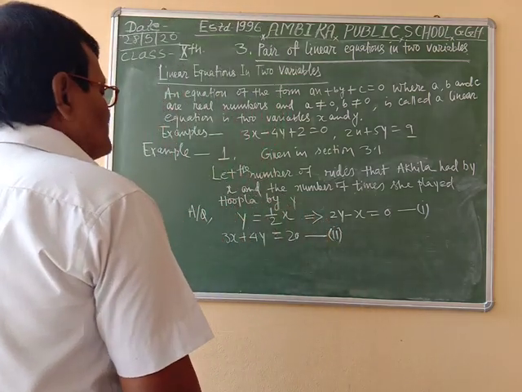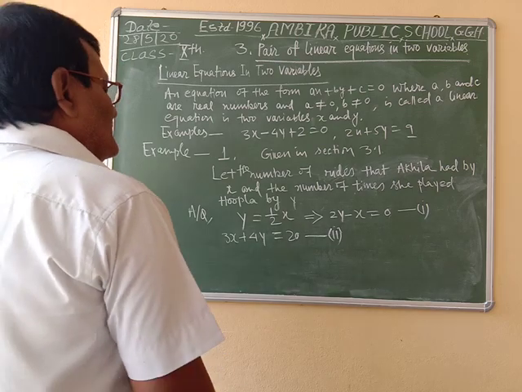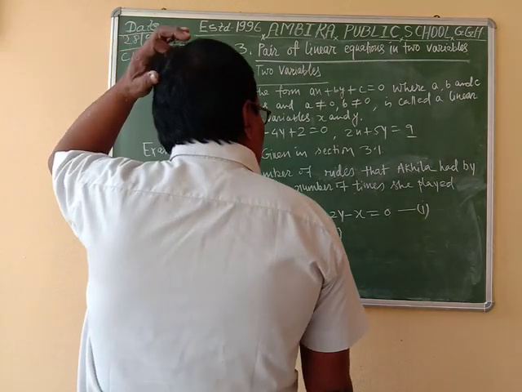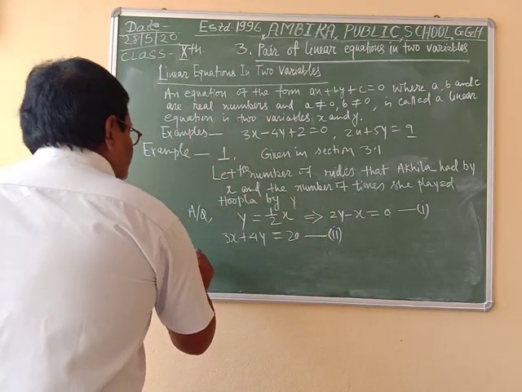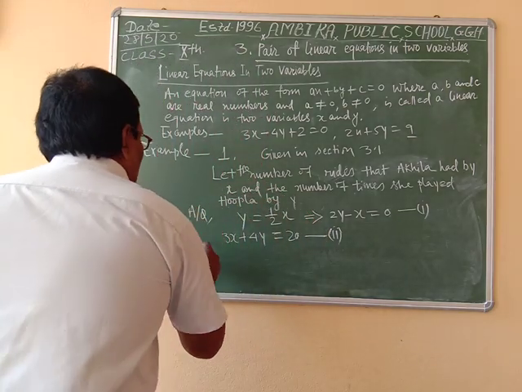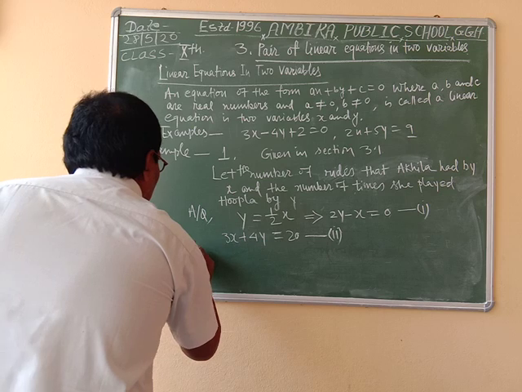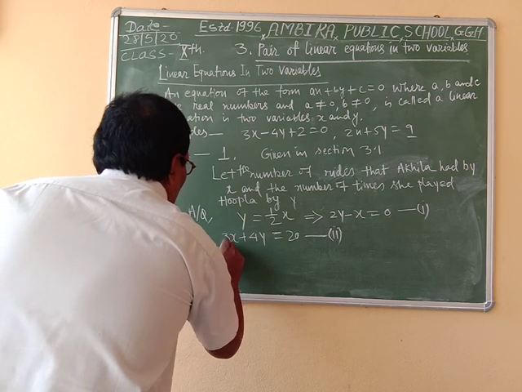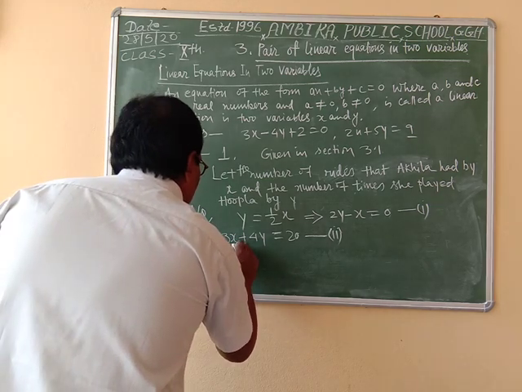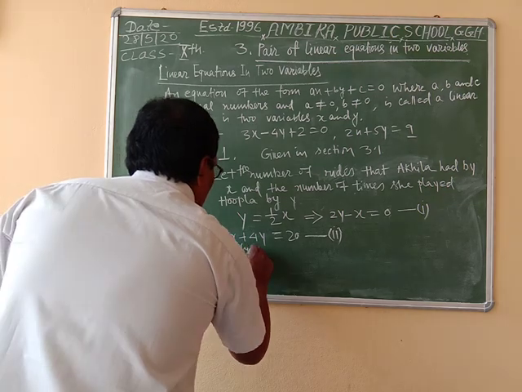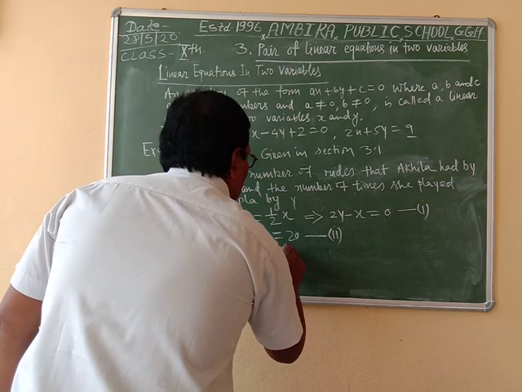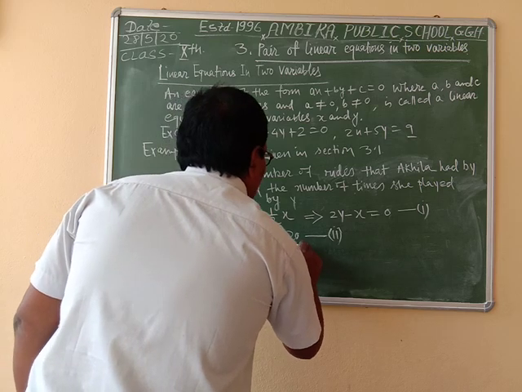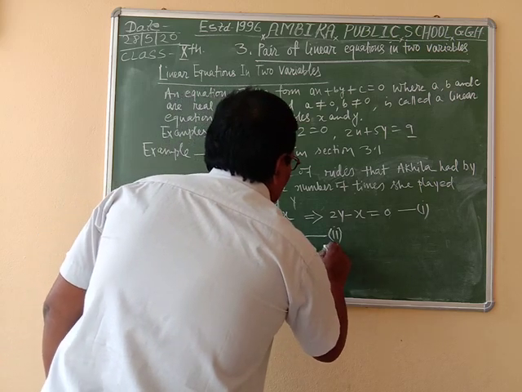So by the elimination method, I am going to solve this problem, multiplying 1 by 3 plus 2.